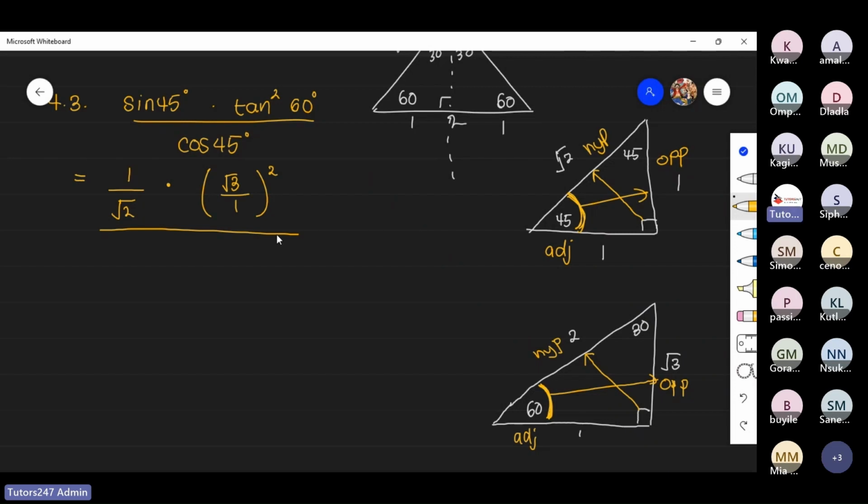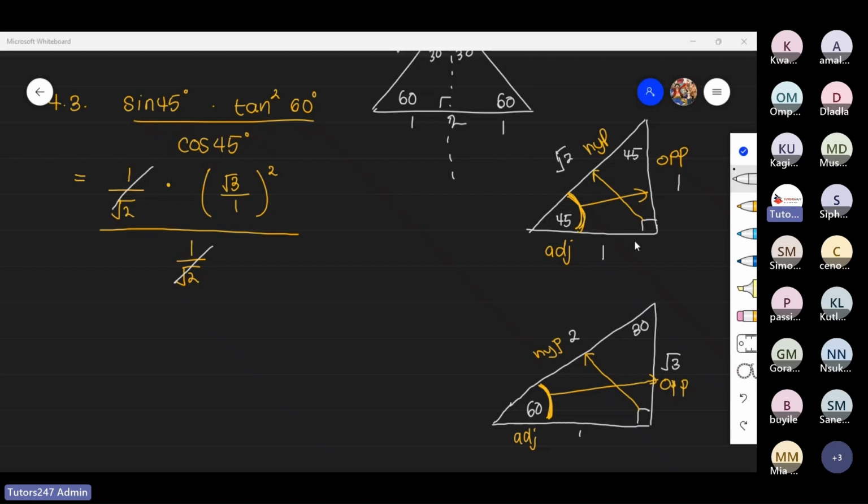Now, next we have cos of 45. Now, if we go to our first triangle, our 45-degree triangle, we can see that our cos of 45 is going to be equal to the adjacent, which is 1, over the hypotenuse, which is the root of 2. Now, if you notice, this top can cancel this bottom.